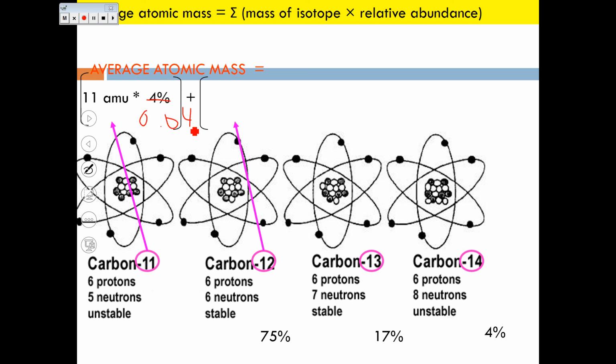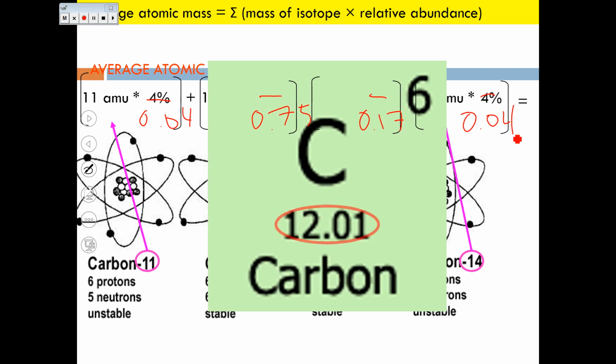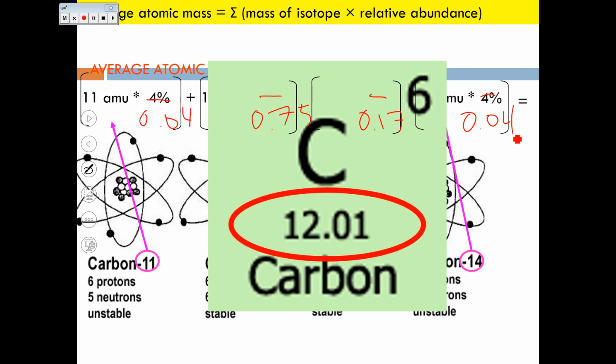For the second isotope, you're going to take 12 AMUs times 0.75%. The third isotope, 13 times 17%, and the fourth one, 14 times 0.04%. So when you multiply those together and then add them, you should get 12.01 AMUs.